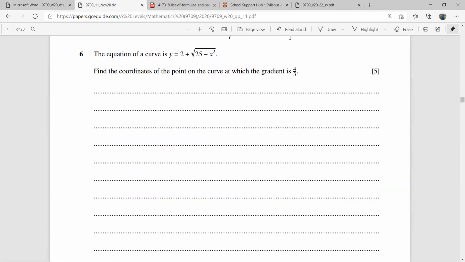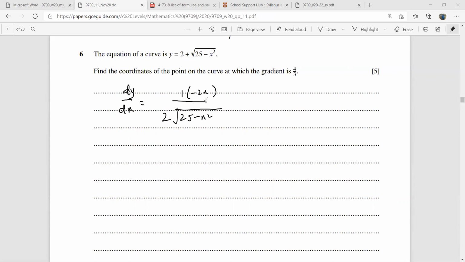The equation of a curve is this, and we have to find the coordinates of the point where the gradient is 4/3. A simple question on differentiation. You will find dy/dx. That is going to be 1/(2√(25 − x²)).